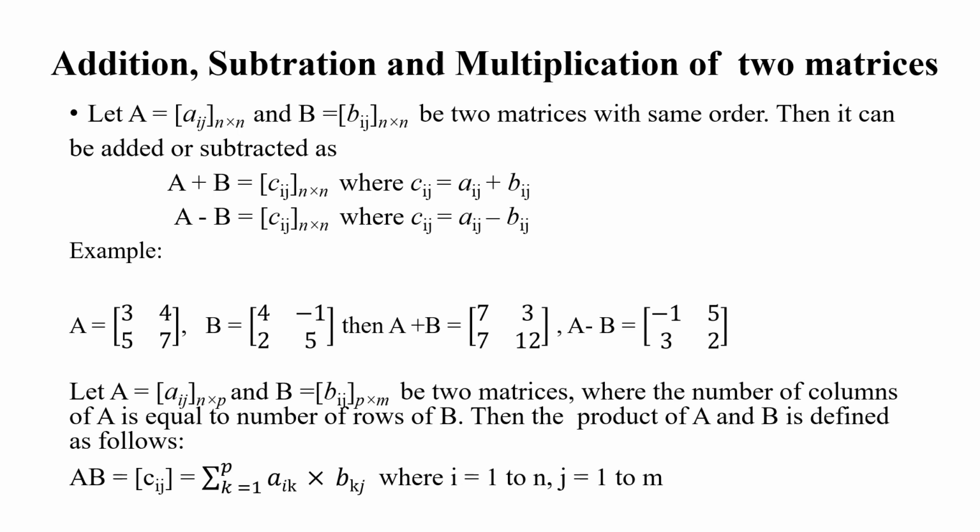Here the constraint is, in order to define the product of any two matrices, the number of columns in the first matrix is equal to the number of rows in the second matrix B. That is, AB can be defined means the number of columns of A is the same as the number of rows of B. Then only we can define the product, which can be defined as Cij, that is the sum with k running from 1 to p, aik into bkj, where i is 1 to n and j runs from 1 to m.